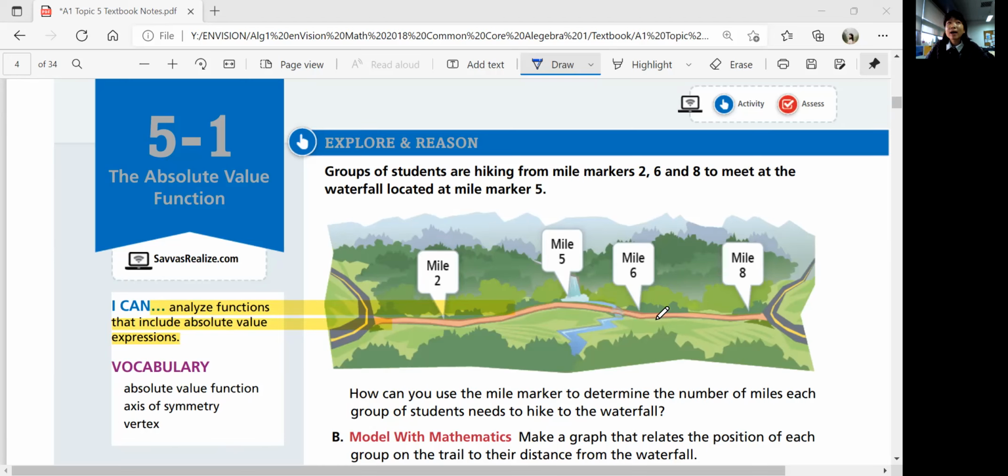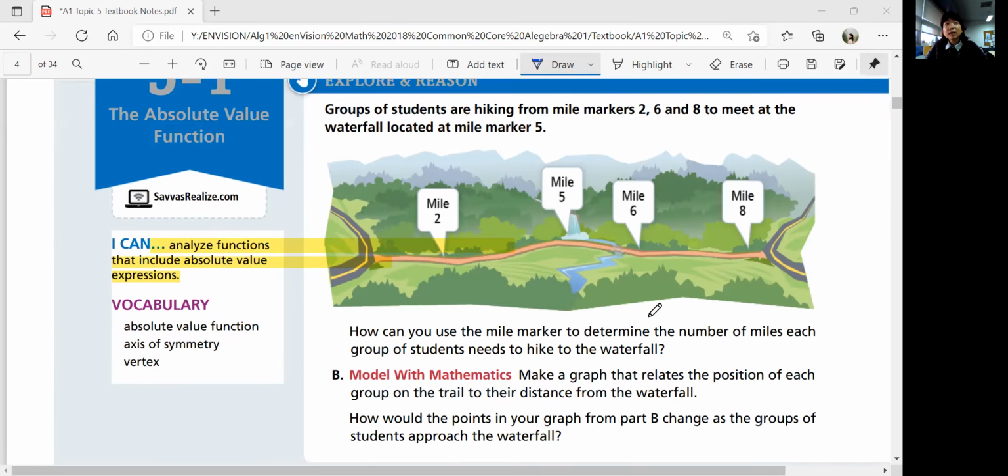They need to come back, so they need to go backwards, right? So subtract 1, go backwards 1 mile. What about mile 8? 8 minus 3 is mile 5, so they need to come back 3 miles. So yes, they have different distances away from the waterfall.